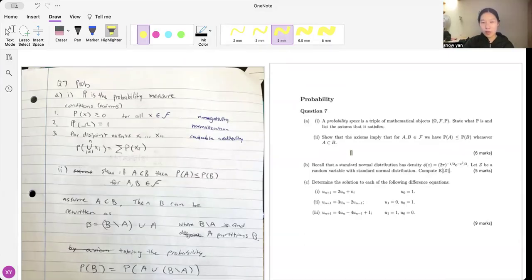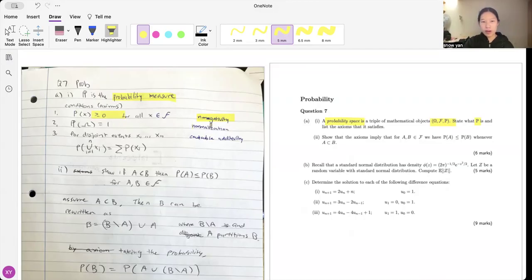In part A, part one, we have a probability space, a triple mathematical object. State what this P is and list the axioms that it satisfies. So this P is just the probability measure. This is just the definition. And there are three axioms which we should know. The first one is non-negativity, so the probability of any event is greater than or equal to zero.